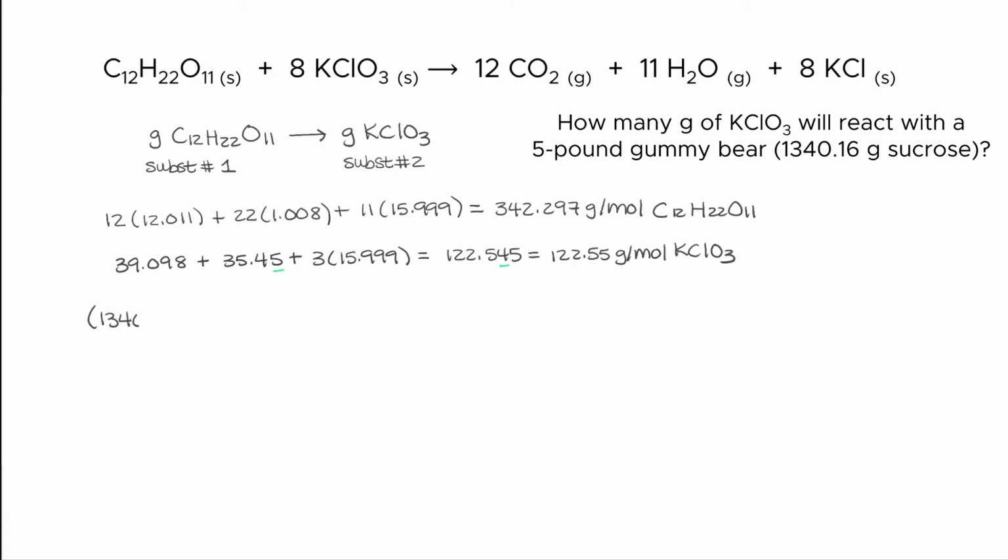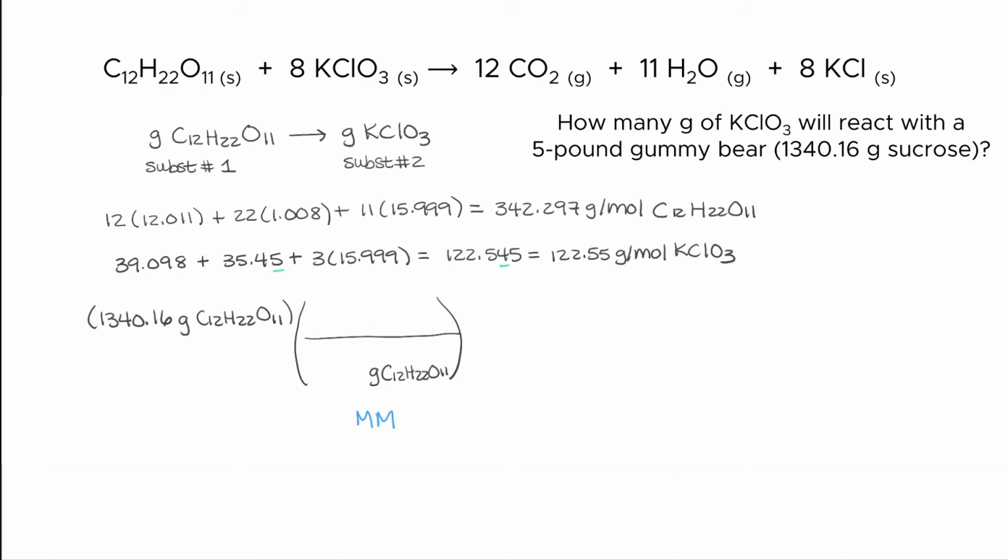To set up this problem, we start with what we're given, which is 1340.16 grams of sucrose. The next step is our molar mass conversion factor. Because we already have grams of sucrose in the numerator, we have to place grams of sucrose in the denominator, so the units will cancel.